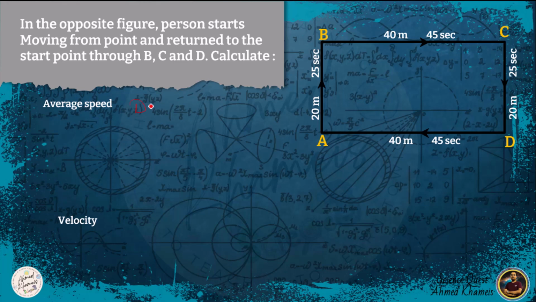So the distance of the object equals 20 meters plus 40 meters plus 20 meters plus 40 meters, so the distance equals 120 meters, and the speed equals distance over time.